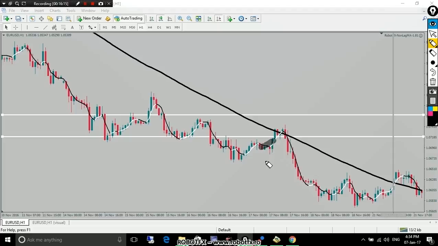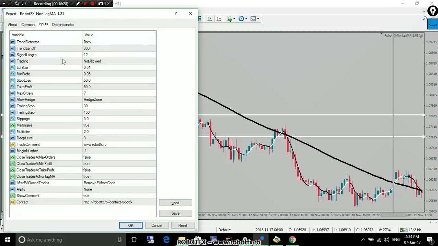However, you see the price goes higher, and it should have happened here somewhere. In this case, the profit will be negative, and the expert advisor will not close this trade because it considers the minimum profit for this option as well. So to close trades at minimum profit, you must of course reach the minimum profit. To close trades at non-lag moving average reverse signal, change of color, you must reach the minimum profit.